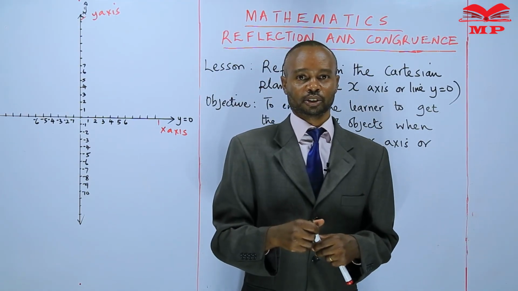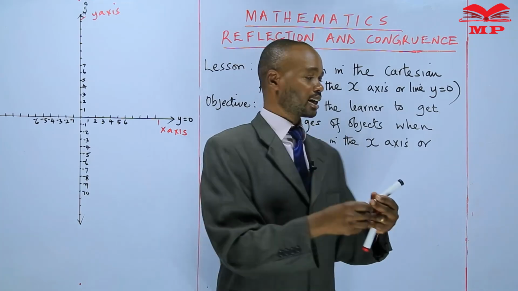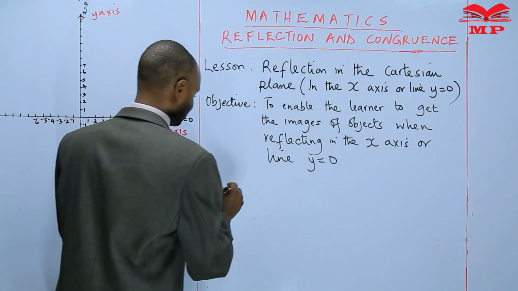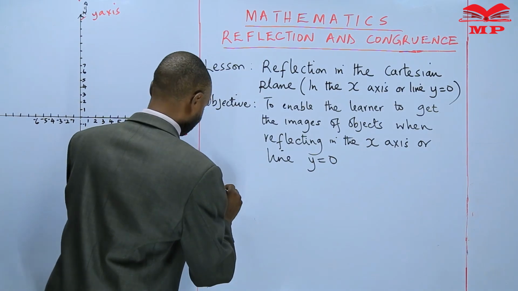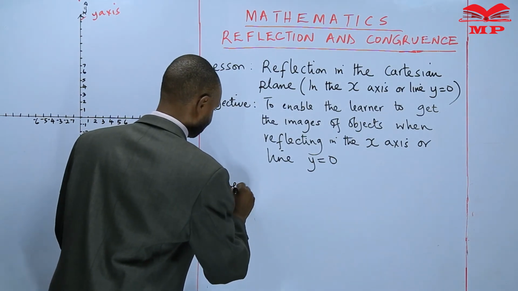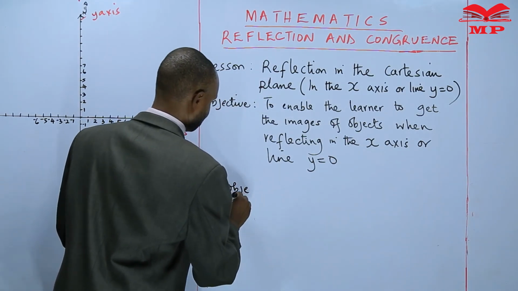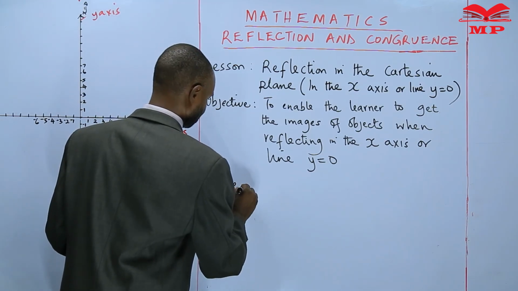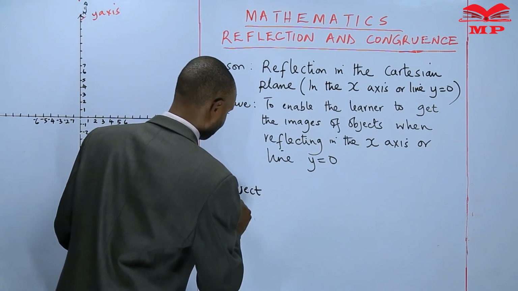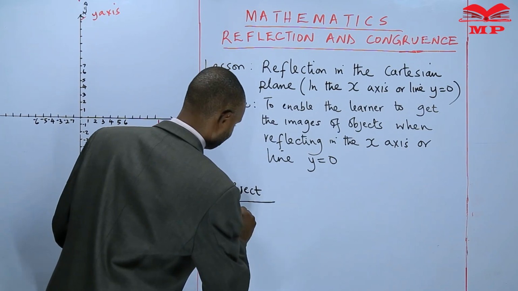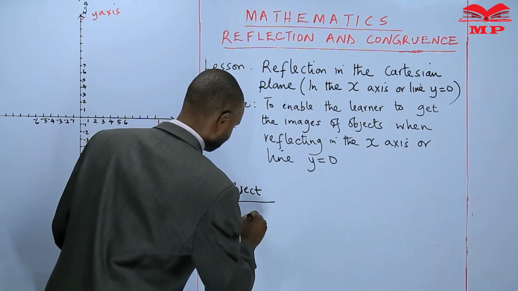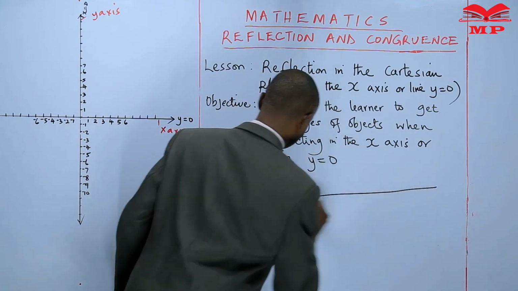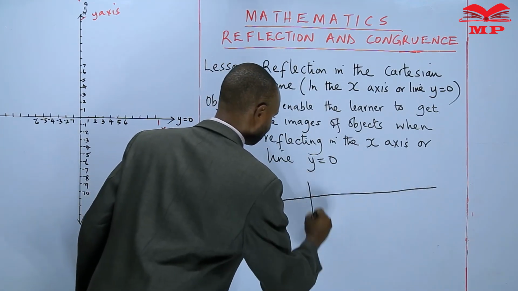So in our topic today, we are interested in getting images of objects when reflected in the x-axis. So to proceed, we should have a number of objects, and below we have the image. To enable us do that, we should have that table.